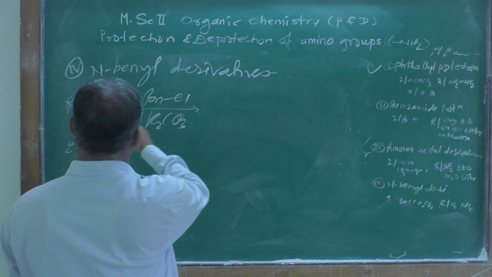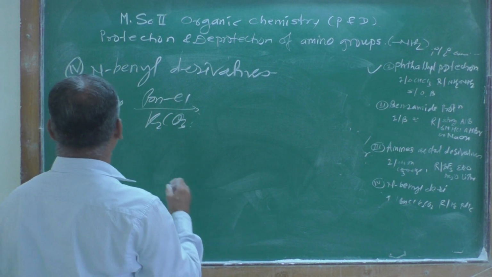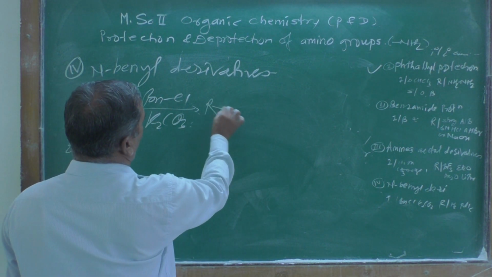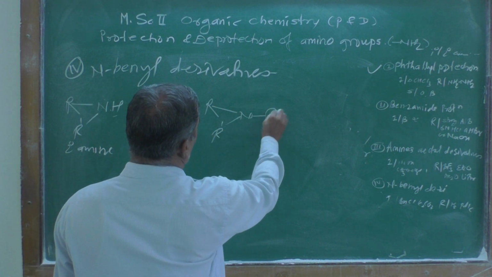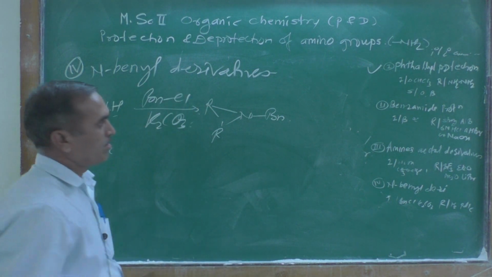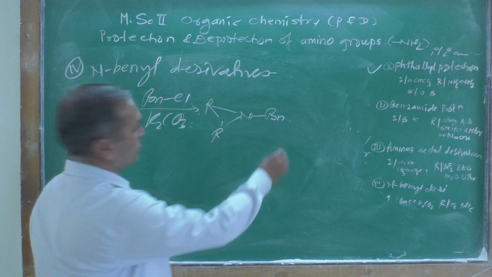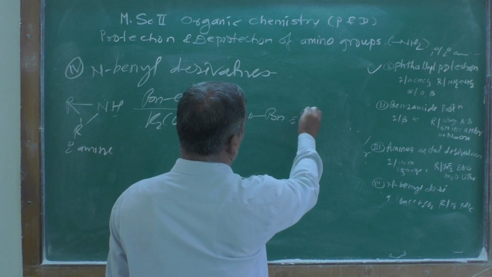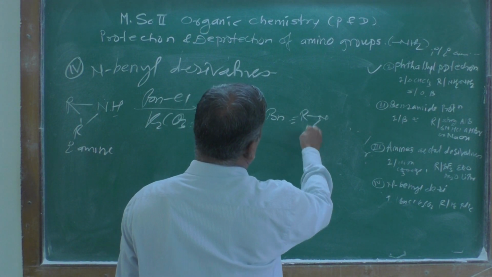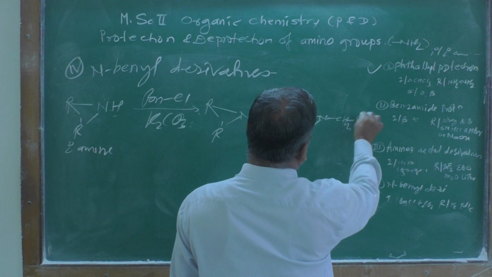Cl gets removed along with hydrogen, HCl goes into the atmosphere, and you are going to get N with R' and benzyl. Bn means Ph-CH2, that is the benzylic group. In short you can write R-N(R')-CH2-Ph.